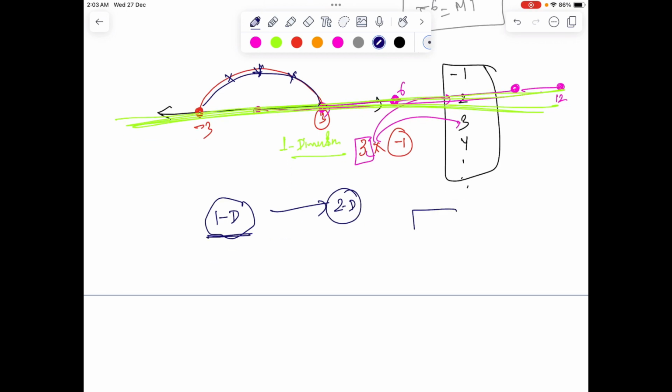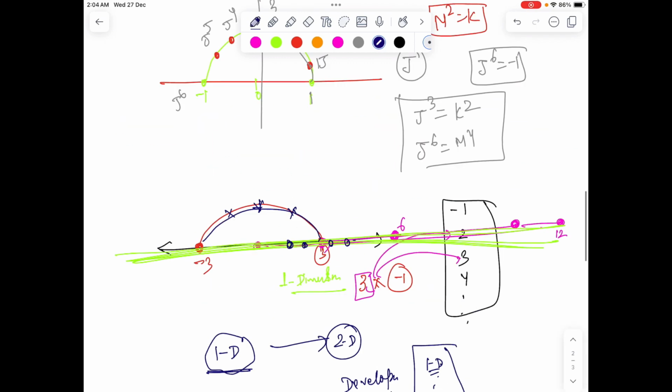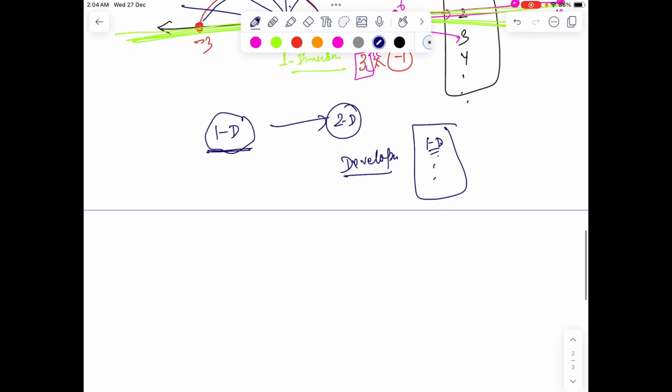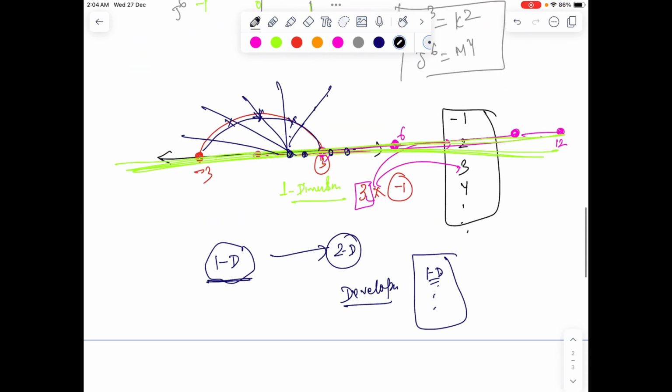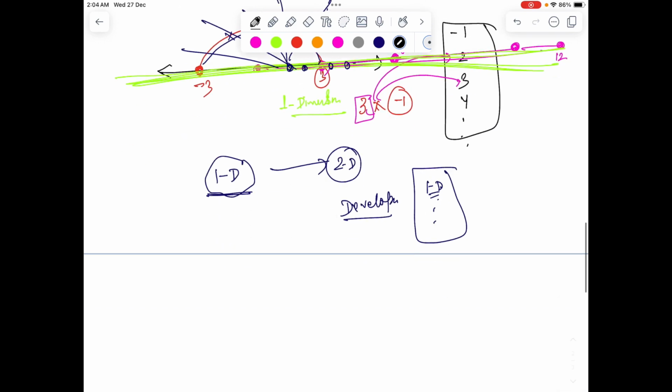So using one-dimensional objects as inputs, I'm trying to develop an operator which eats 1D objects, which eats a real number on the x-axis and rotates it by any random angle. So it's basically a new creation of a new dimension, right? It's fundamentally a creation of a new dimension which is happening over here. And that's the beauty and motivation behind complex numbers.